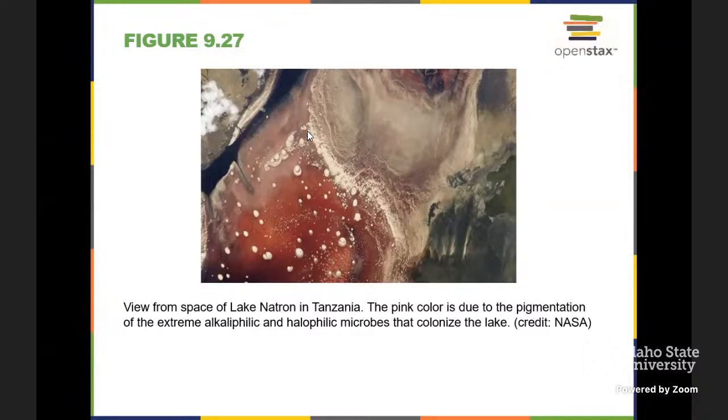But you can see the lake and a lot of pinkish red within there that are the result of some of these halophilic microbes, salt lovers. And my gut says Halobacterium, which is an archaeon, is likely what we see over here. This is also a lake that is super basic.